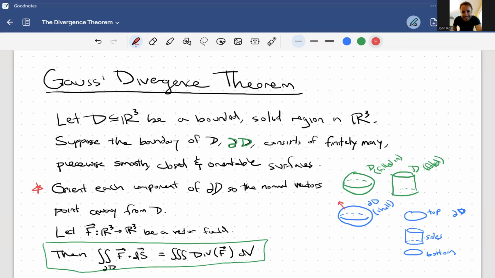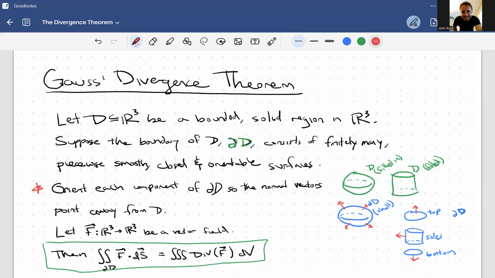Now, this might mean at first pass that we create an x of uv and get the wrong normal vector, and we'll have to adjust by introducing a negative sign or getting a new parameterization or what have you. But we're going to orient it so all these normal vectors to the surface are pointing out of the surface. And then for our multiple pieces, we'll want to make sure that they're oriented consistently.